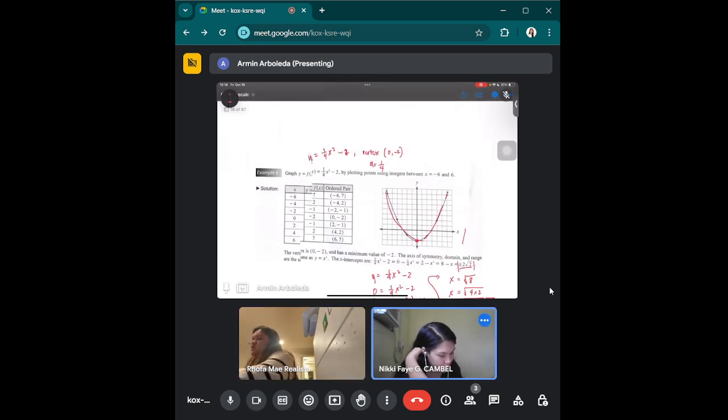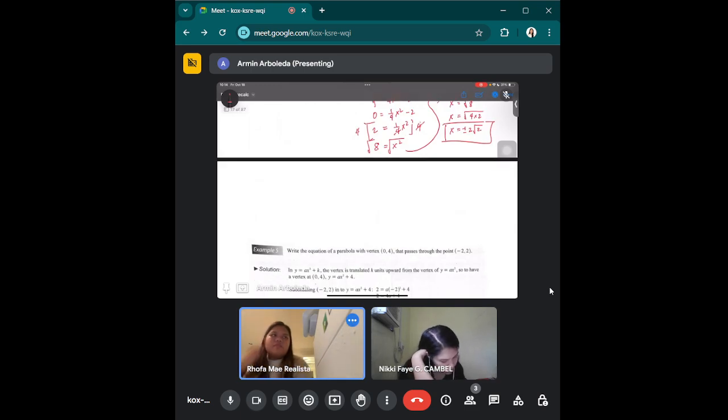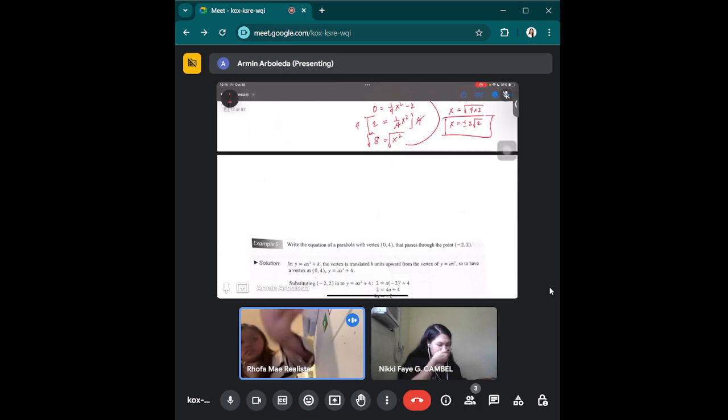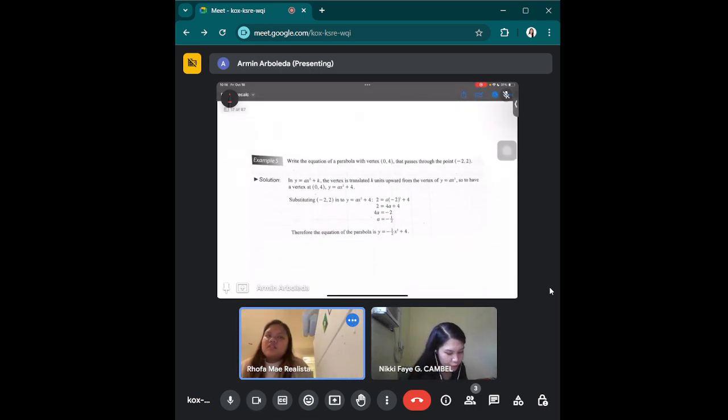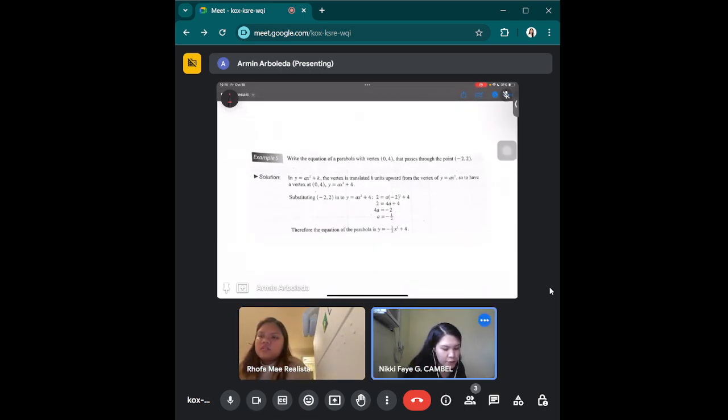Okay po ba? Okay. So it's telling us to write the equation of a parabola with vertex (0, 4) that passes through the point (-2, 2). Meron tayong vertex and 1 point. That's our given.